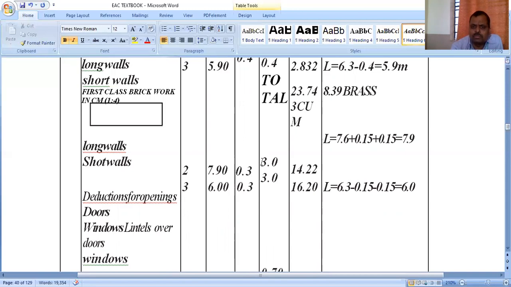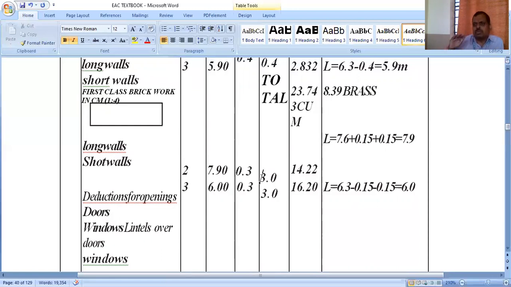Now if you observe the plan, we already calculated the center to center distances in the plan. After that, you have to find the length of the long wall, the length of the short wall, and again you have to multiply it with its width as well as height to get the quantity of the brickwork in superstructure.